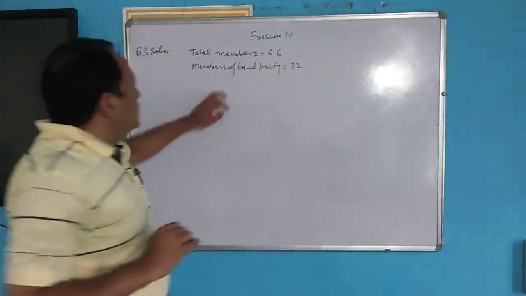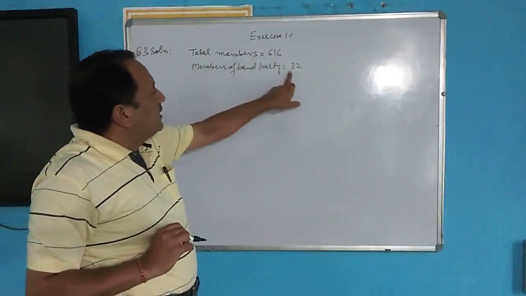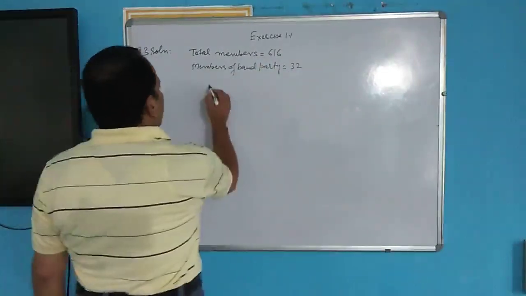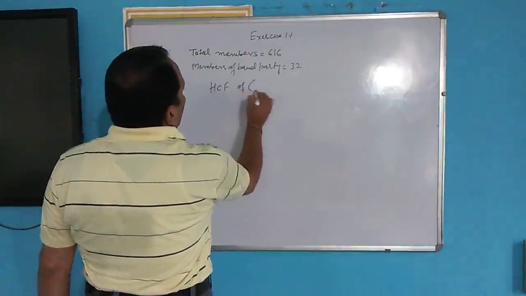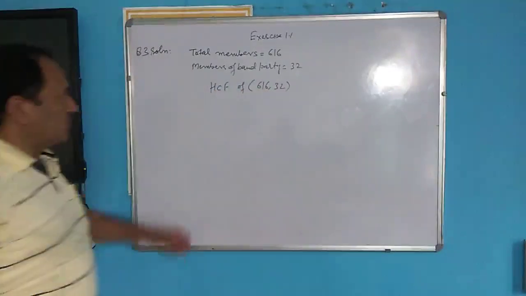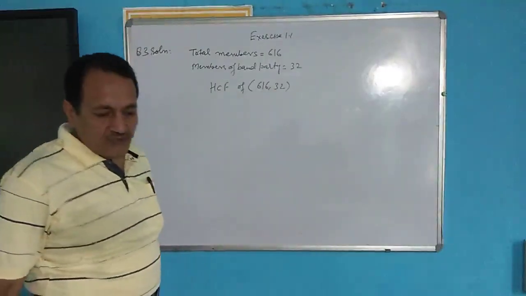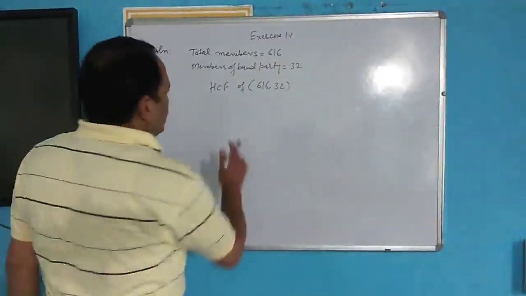So these 616 members of the troop are to march behind these 32 members. So this can be found by finding the HCF of 616 and 32. The number of columns can be found by finding the HCF of 616 and 32.